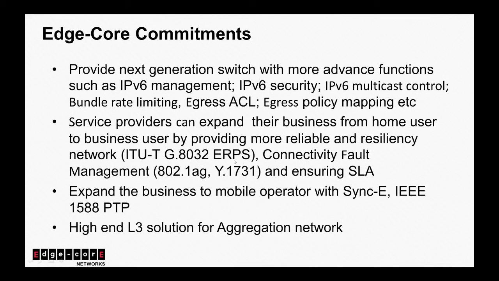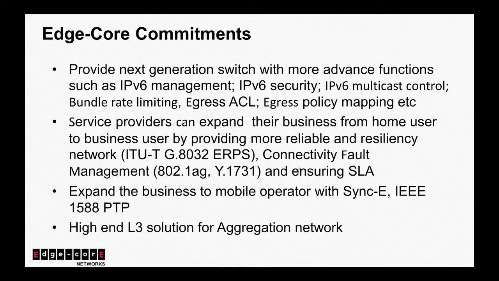In a ring topology, you can have a backup if there is any link failure of the fiber, and the convergence time is less than 1 second. With this performance, you can provide the service to the business user, and you can sign a service level agreement with them. Besides ERPS, we also provide the OAM function.